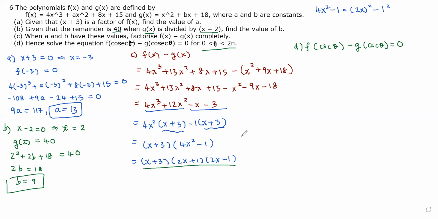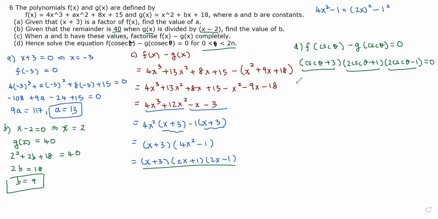So the left side of this equation is just x plus 3, 2x plus 1, 2x minus 1, with x replaced with cosecant theta. We have cosecant theta plus 3, 2 cosecant theta plus 1, and 2 cosecant theta minus 1 equals 0. We set each of these to 0.